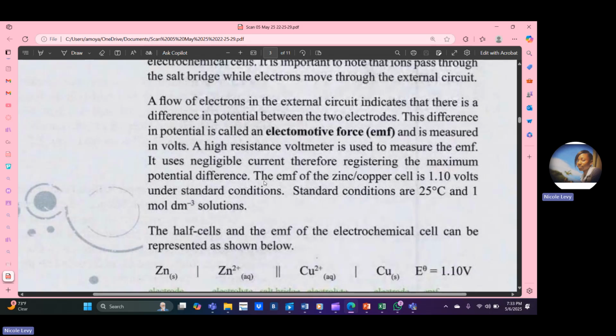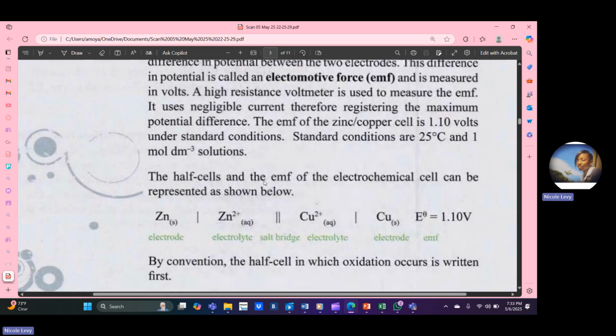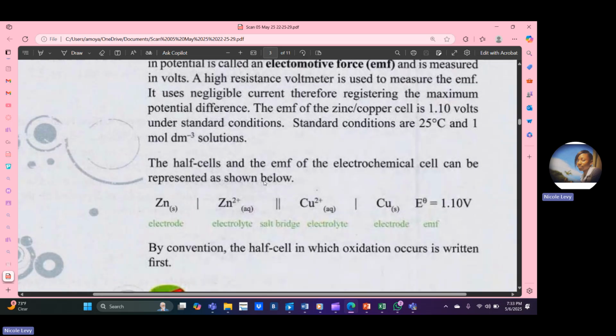A high resistance voltmeter is used to measure the EMF. It uses negligible current, therefore registering the maximum potential difference. The EMF of the zinc copper cell is 1.10 volts under standard conditions.